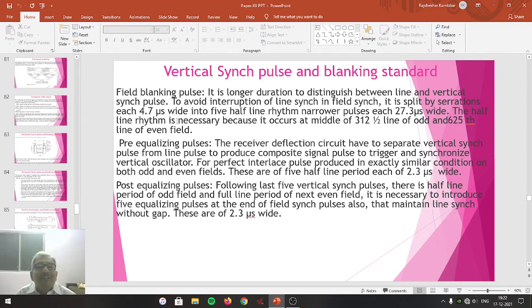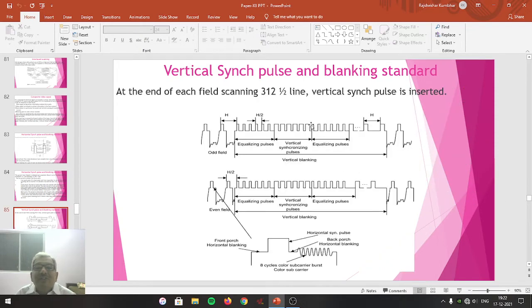The half-line rhythm is necessary because it occurs at the middle of 312 and half line of odd and 625th line of the even field. So these are called as field blanking pulses. Look at here. These pulses are referred as the blanking pulses or synchronizing pulses, which are introduced at the center.